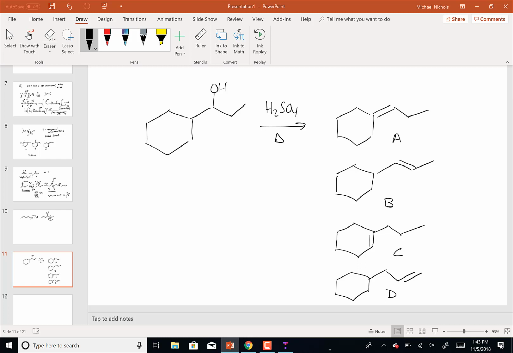Now I should probably be very specific here and say, what's the major product of the reaction without rearrangement of the carbocation?